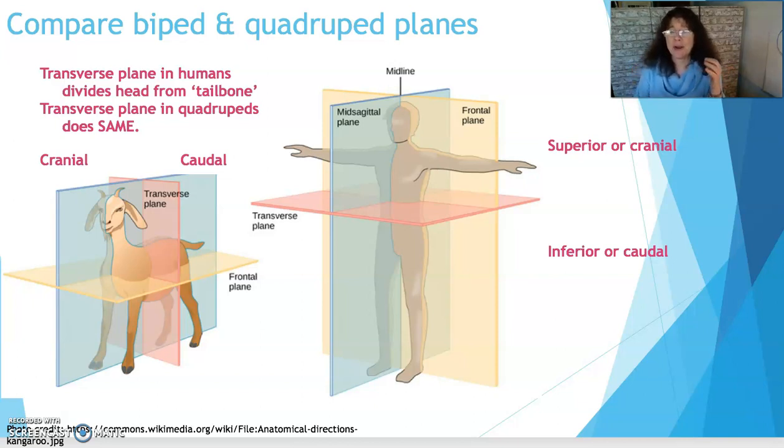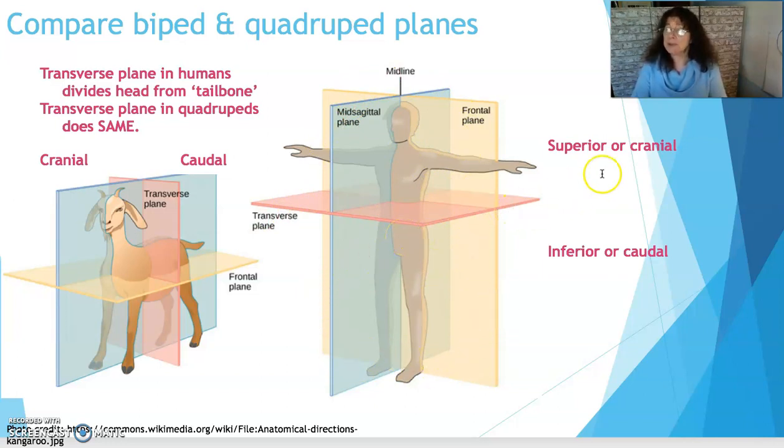Let's look at the transverse plane next, the pink plane that in humans is at the umbilicus, and that is a plane that divides the human into a superior aspect of the transverse plane and an inferior aspect of the transverse plane.